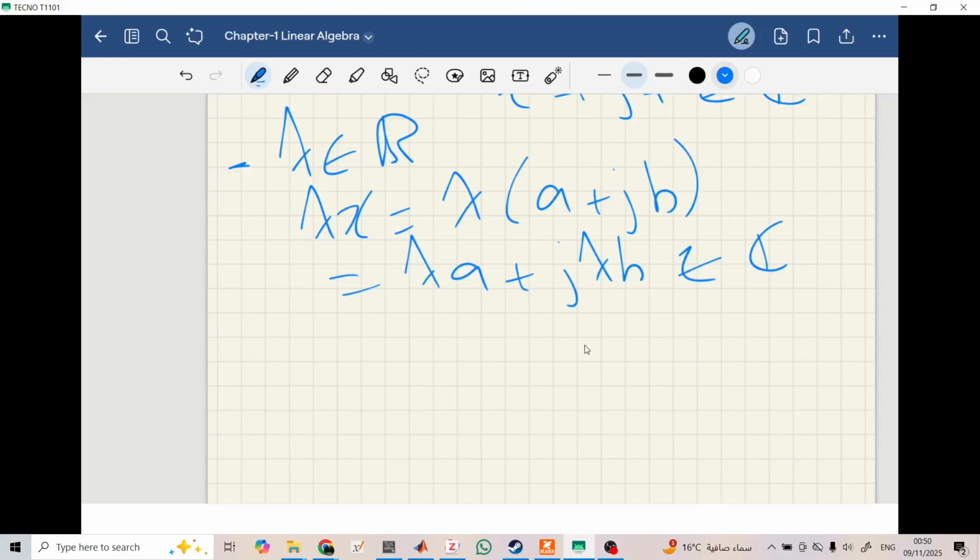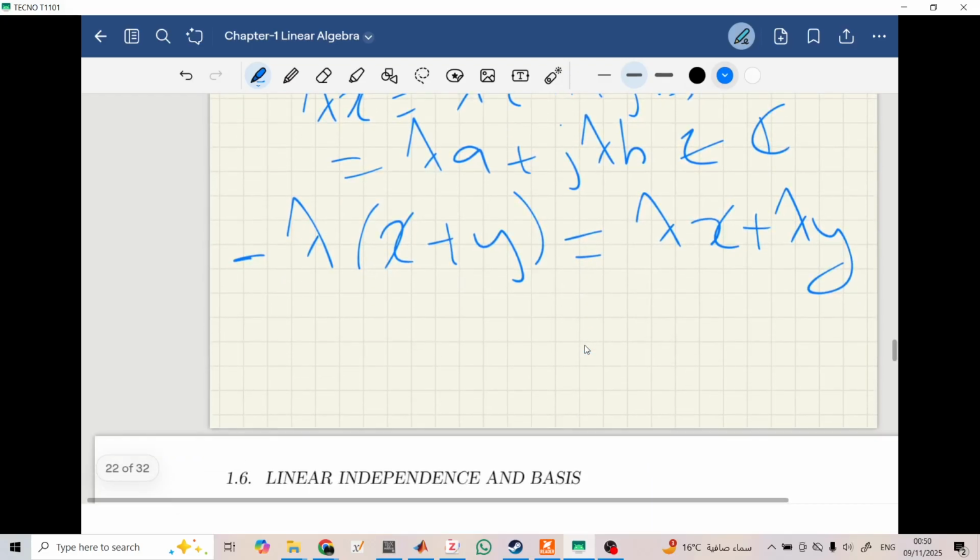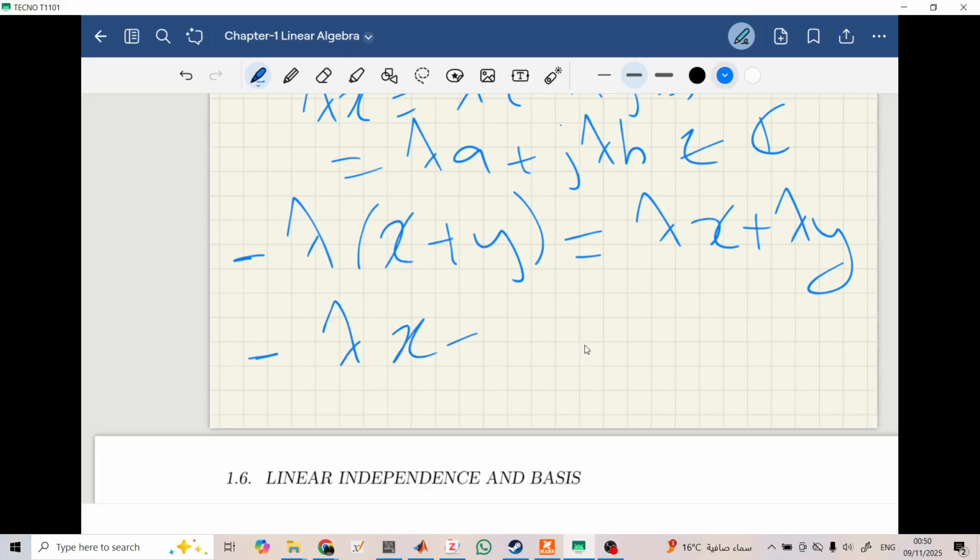As for the distributivity, lambda times (x plus y), we can easily show that it's lambda x plus lambda y. No problem with that. And the neutral element, I think this would be very simple as well, right? The neutral element with respect to the multiplication: lambda times x equals x, so lambda here equals 1.